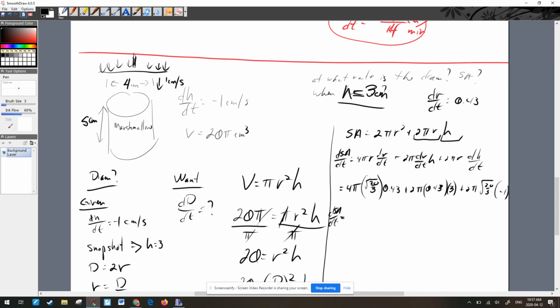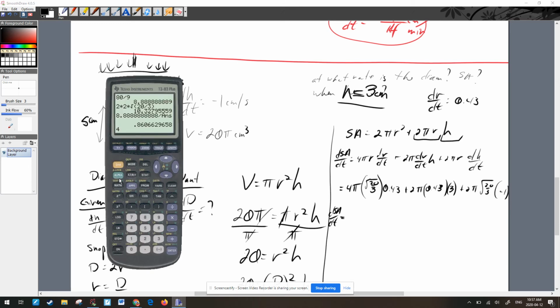So dSA by dt is going to be equal to, grab my calculator here, 4 pi times the root of 20 thirds, times 0.43, plus 2 pi times 0.43 times 3, plus 2 pi times the root of 20 over 3 times -1.